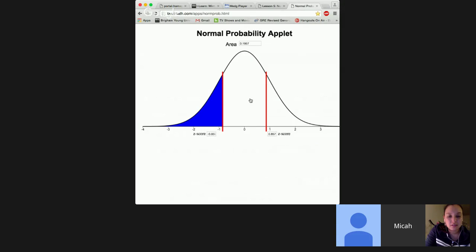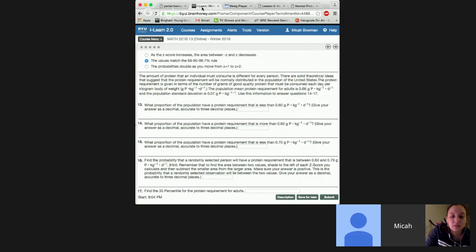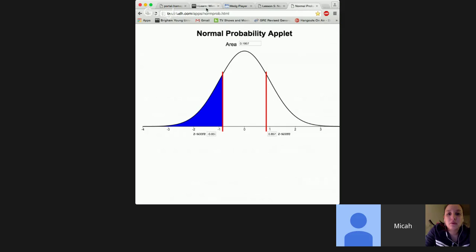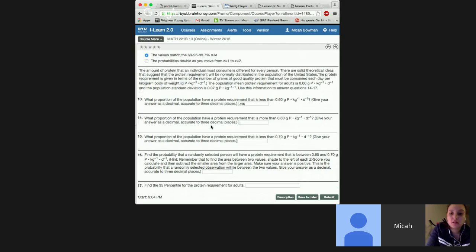I would say yes, because last time we got a positive z-score, we went off of what was above it, and it wants below it. So it should be 0.196.